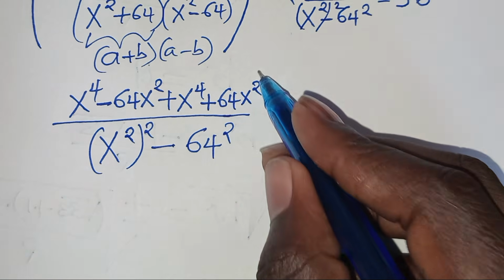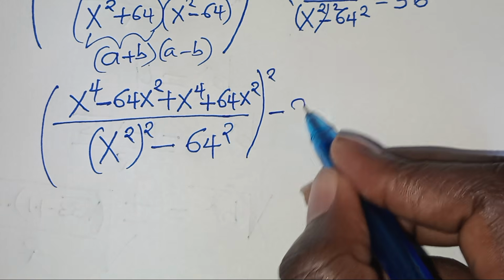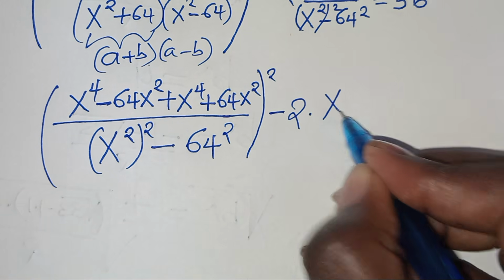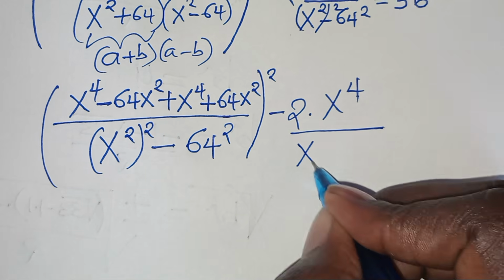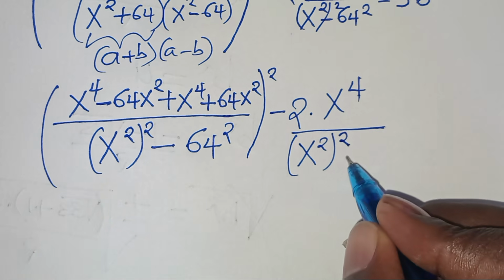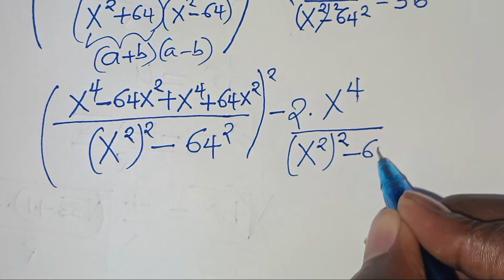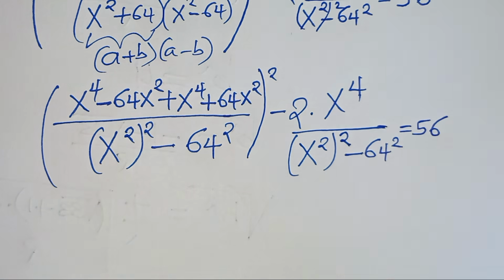Now, everything here raised to the power of 2 minus 2 multiplied by x to the power of 4, then divided by x to the power of 2 raised to the power of 2, then minus 64 raised to the power of 2. This is equal to 56.